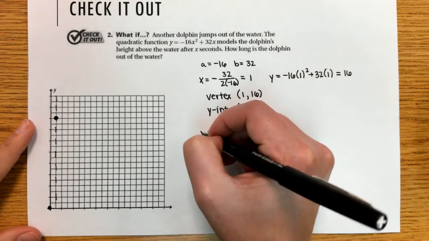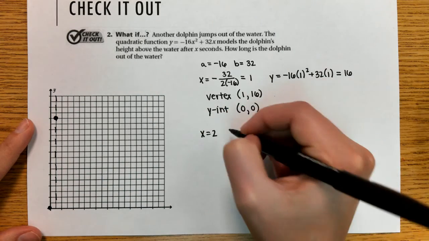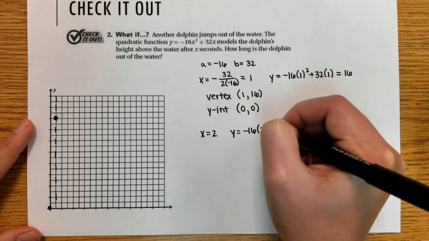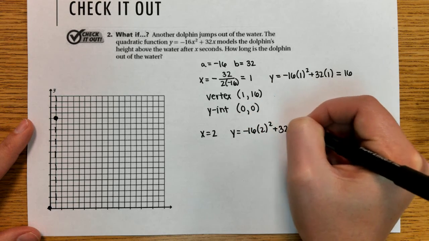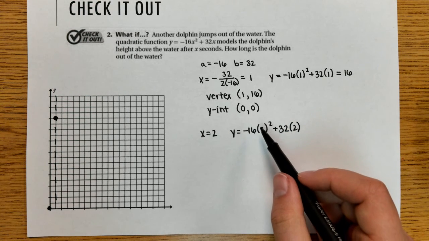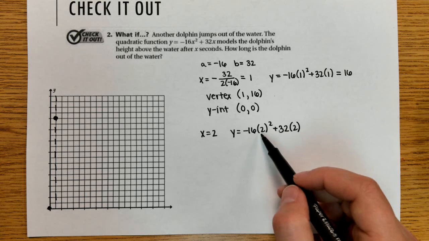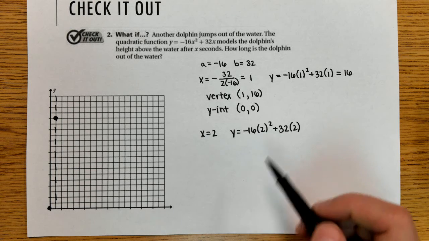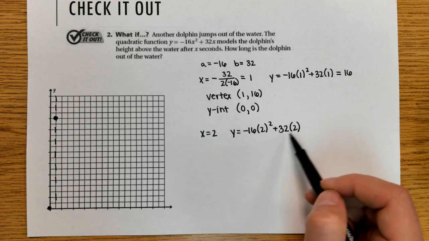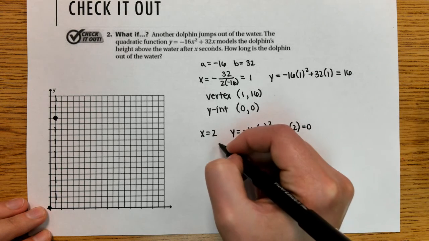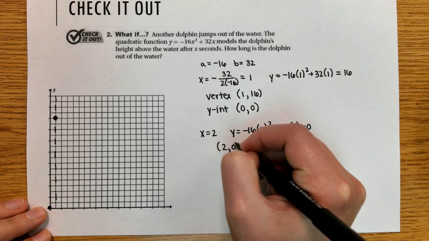If I substitute x equals 2 in, I'm going to get y equals negative 16 times 2 squared plus 32 times 2. Here, 2 squared is 4, and then negative 16 times 4 gives us negative 64. 32 times 2 is 64, so this gives us 0. So this ordered pair is going to be (2, 0).